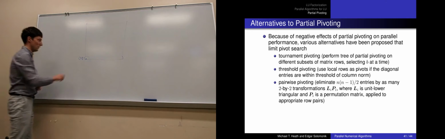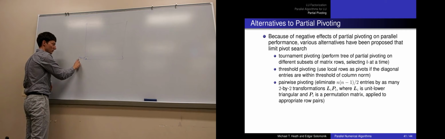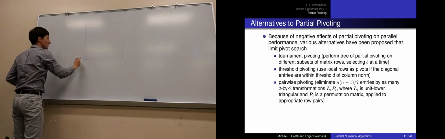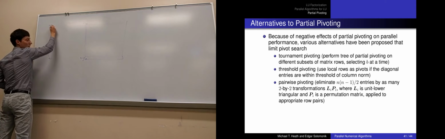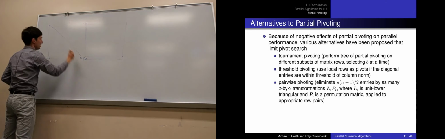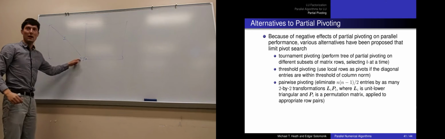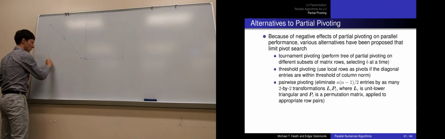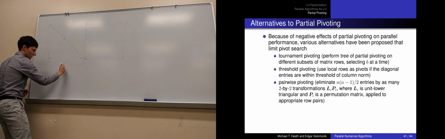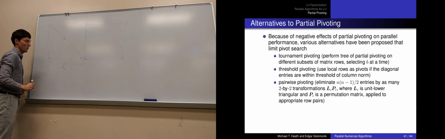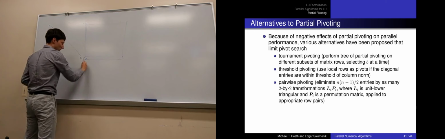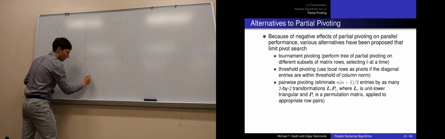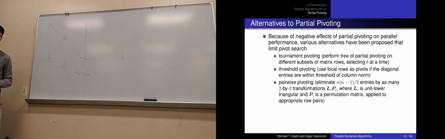Now you can embed these little row-wise transformations into larger matrices, where this is basically the identity, and this is just acting on the last two columns. So we might call this thing L1, and then we'll actually do a bunch of transformations, L2 to LM, that eliminate other entries.